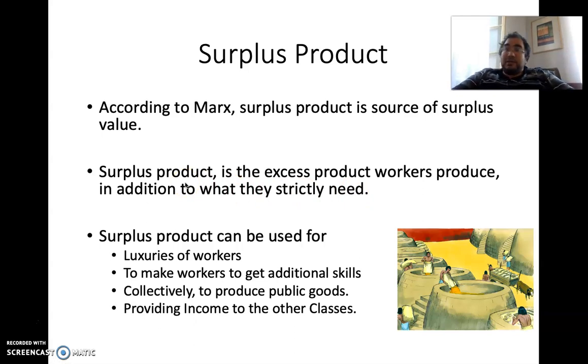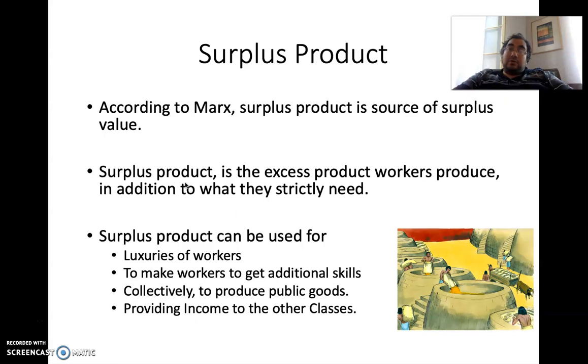And necessary product, even though there can be some discussions on its limits, I think it's clear that certain products are necessities. We need them to survive. And certain products are not necessities. From the earliest time on, certain societies were able to produce more than they need to survive, more grain, for example.